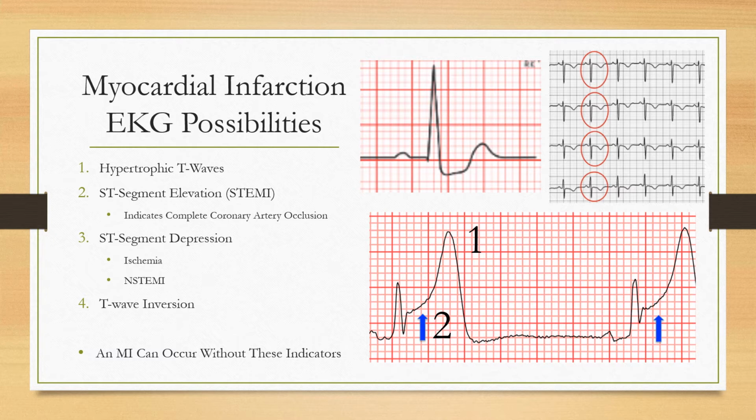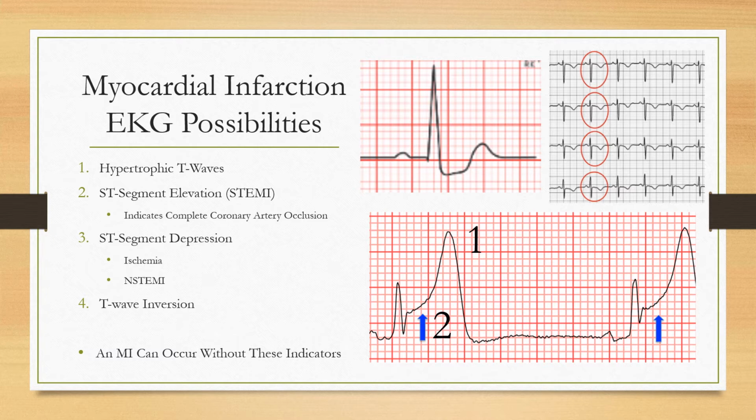Okay, so number two, a STEMI, ST elevation MI. I mentioned this segment called the ST segment at the start of this module, and that's where we look. Again, if you look at the lower rhythm strip there, you'll see that the ST segment, which goes from the S portion of the QRS to the T wave, is elevated.